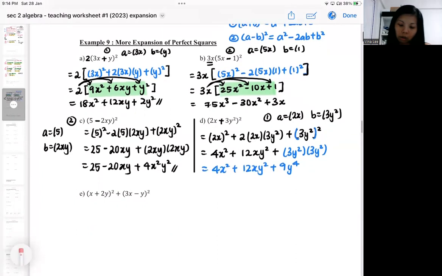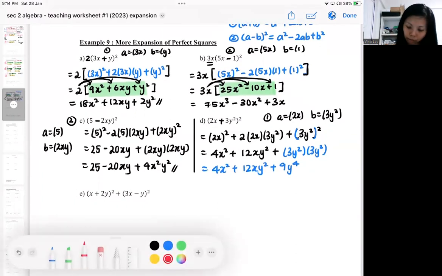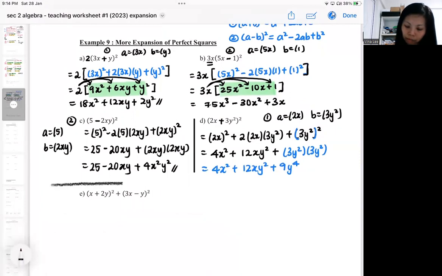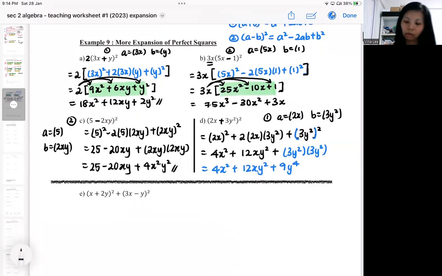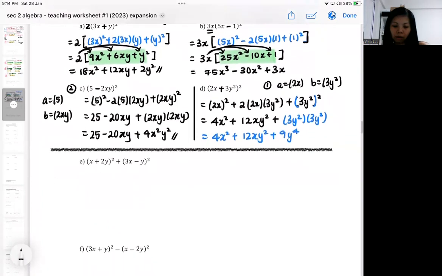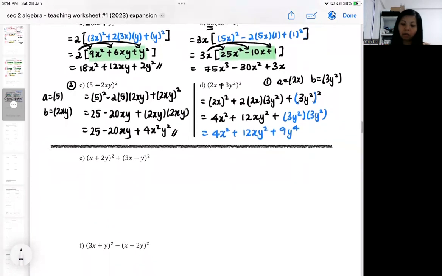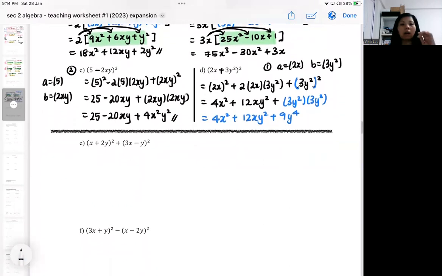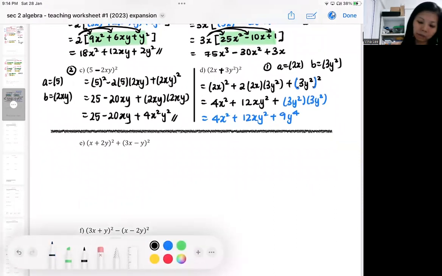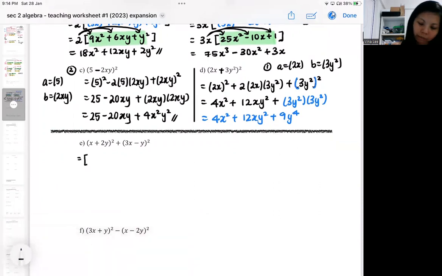Okay, the last one here, we combine the two formulas. Not last one, sorry. If you're going to combine the two formulas, of course, it will be good that you can master the two formulas. Otherwise, you do it in bracket. The first one will be formula 1. A equal to x, B equal to 2y.